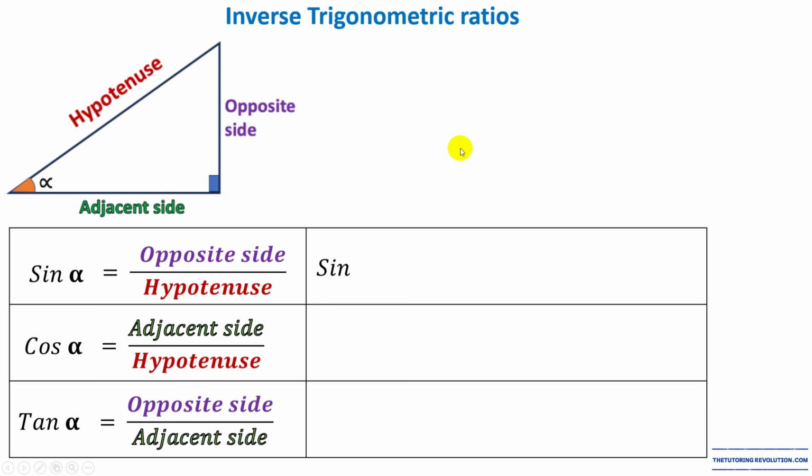Now, sine inverse of opposite side over hypotenuse will give you alpha. To use the inverse, all you do is swap these two arguments. The alpha will move to the right and this fraction will move to the left.